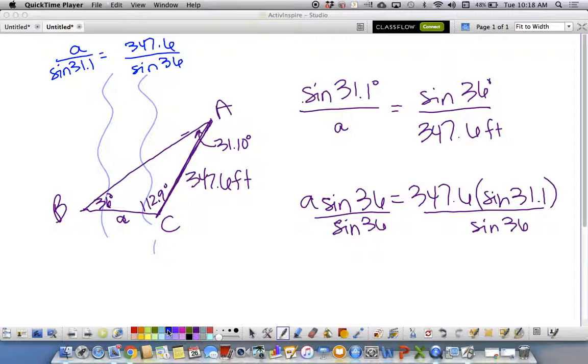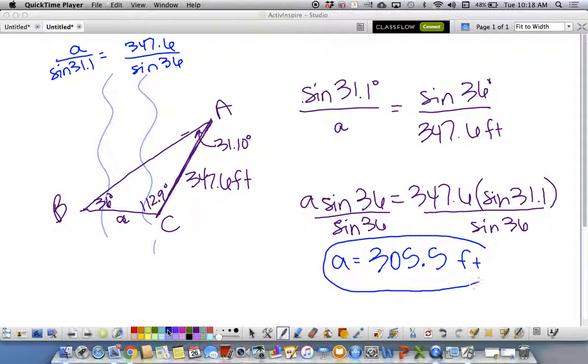So A really equals 0.5 what? Feet. Do we need to put units? Are units important at all? Yes, they are. Feet. Alright.